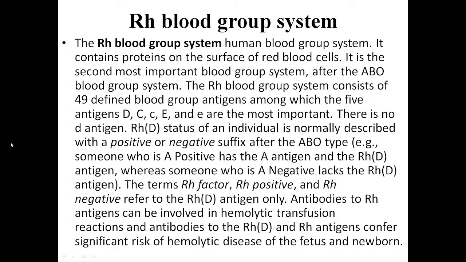There is no d antigen. The RhD status of an individual is normally described with a positive or negative suffix after the AB0 type. The terms RH factor, RH positive, and RH negative refer to the RhD antigen only.